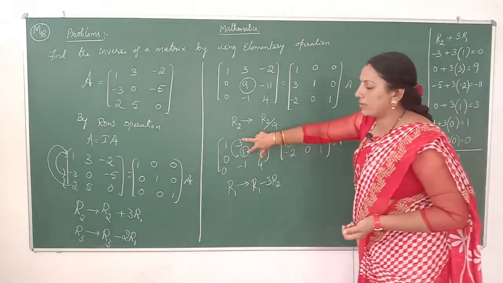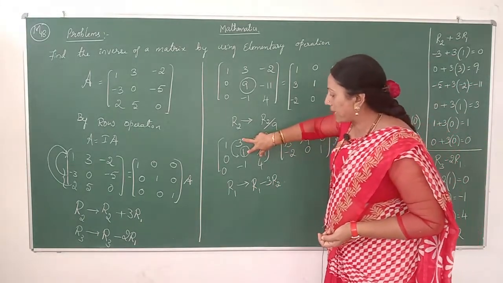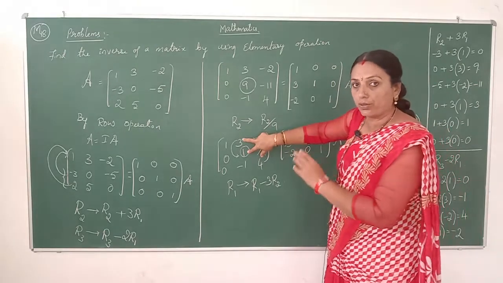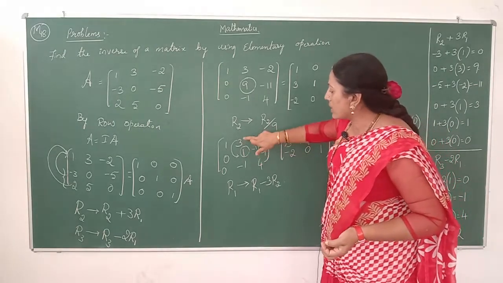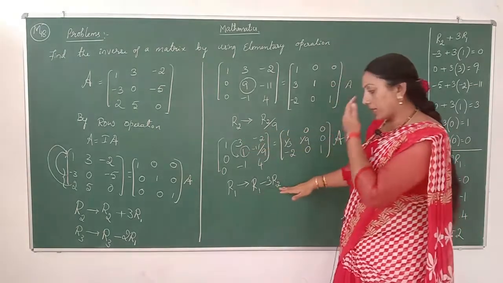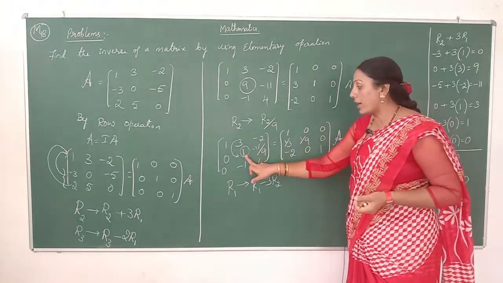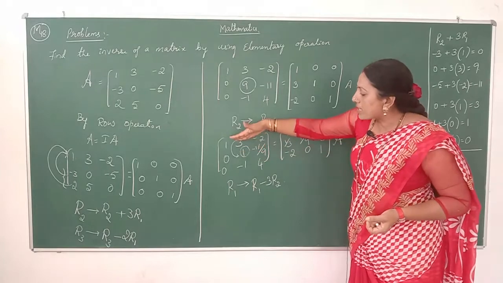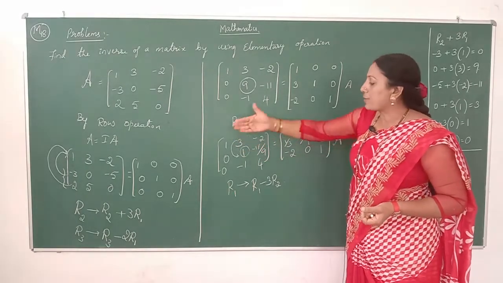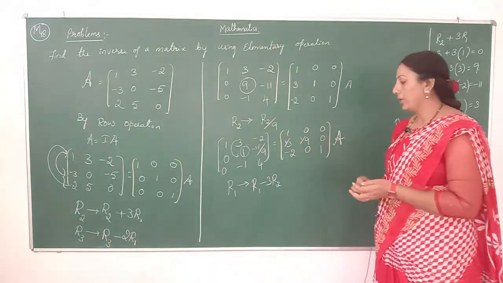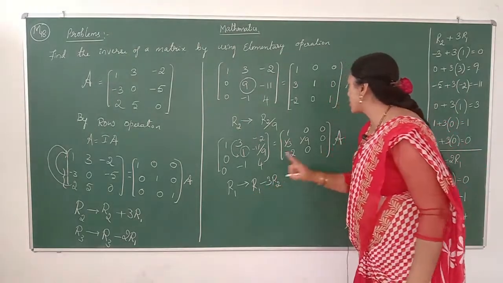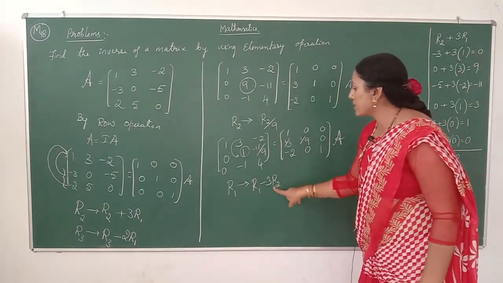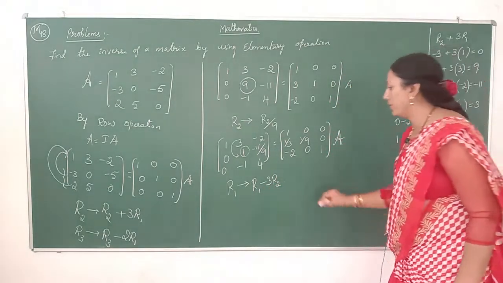Suppose if these two elements, when added or subtracted with each other, are not equal to 0, then these elements can be operated by multiplying R2 by 3 and subtracting with the corresponding elements of R2. So therefore R1 can be changed to R1 minus 3 times of R2.